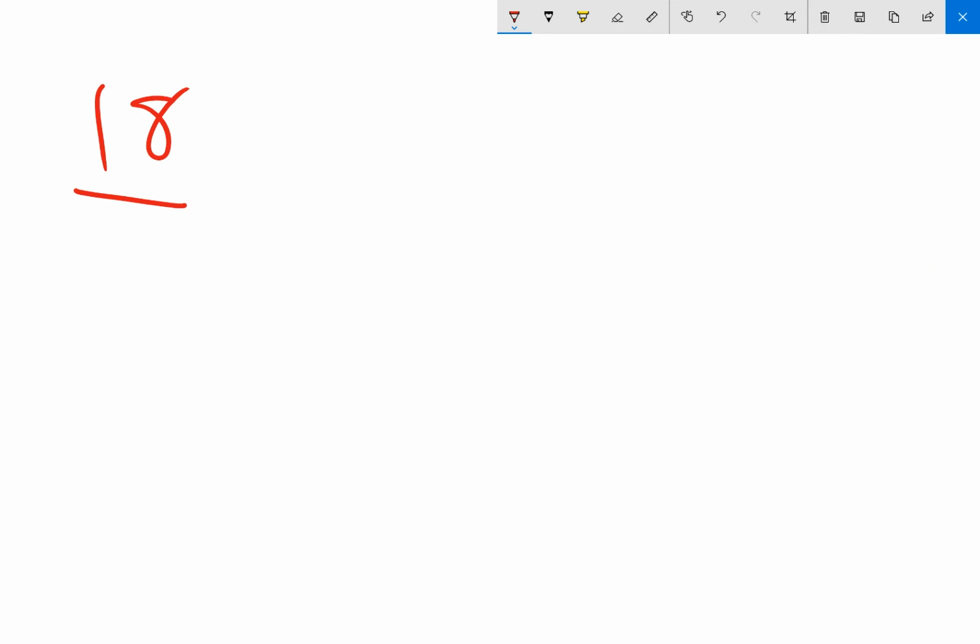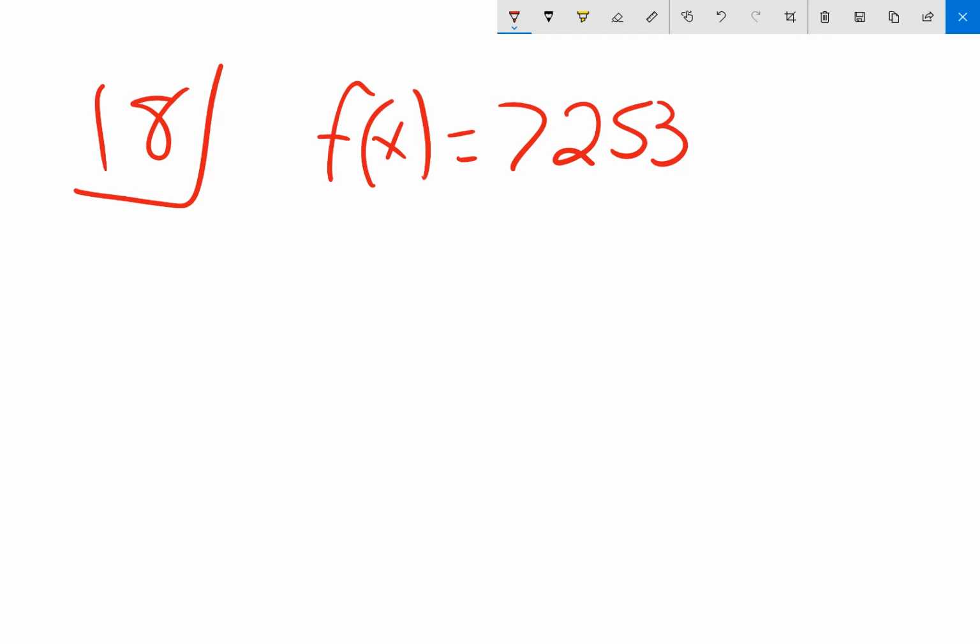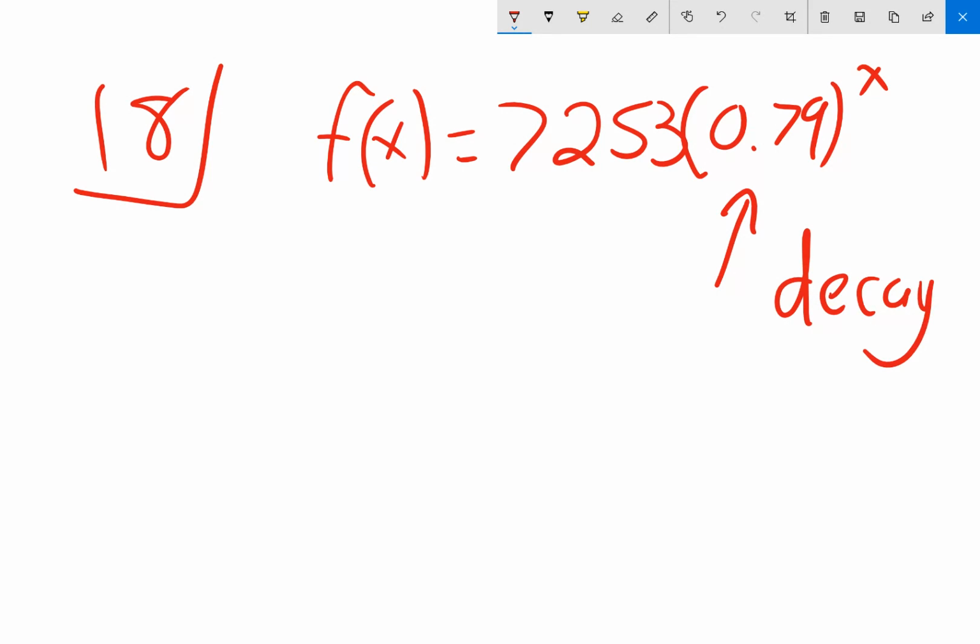And finally, number 18, we have f of x equals 7,253 times 0.79 to the x power. 0.79 is smaller than 1, so it's decay. But again, think, if that's 79 cents, how short of $1 are we? 79 cents is 21 cents short of $1. So 21 cents short means 21% decay.